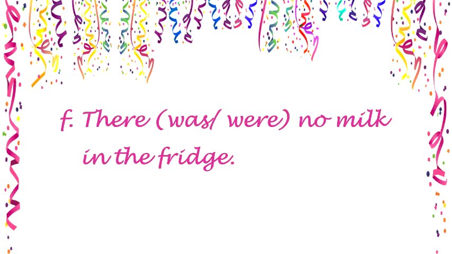So just see what helping verb should come. Yes, it should be was. Because in the previous statement I explained to you that an uncountable noun always takes a singular verb. So there was no milk in the fridge. Okay, the subject is milk. And therefore we have the singular verb was.